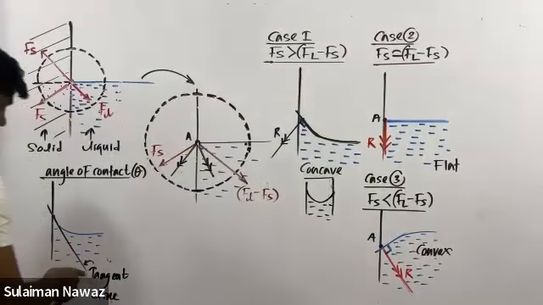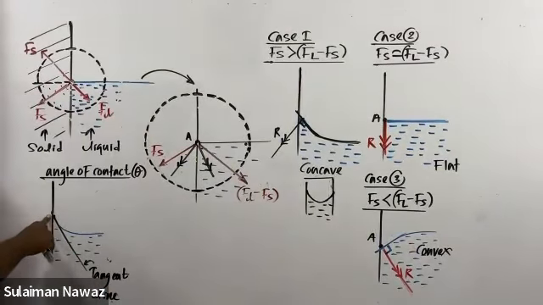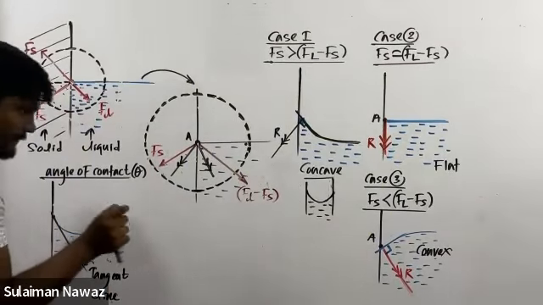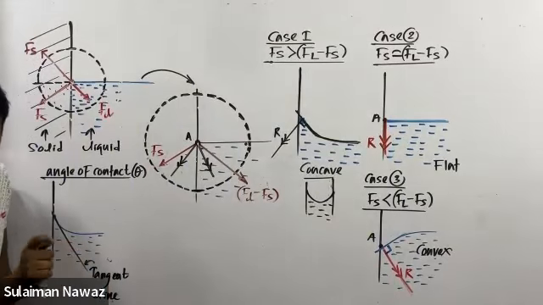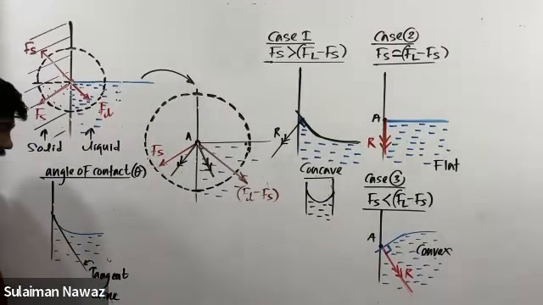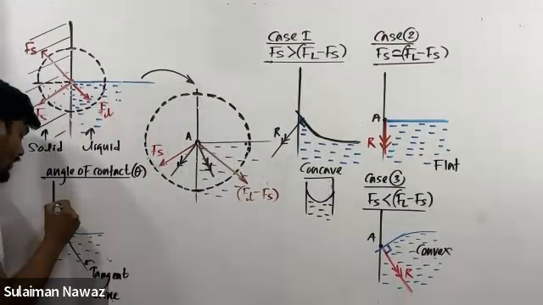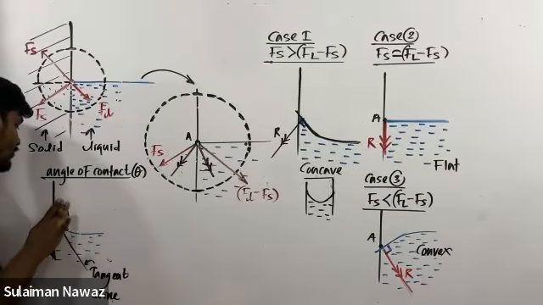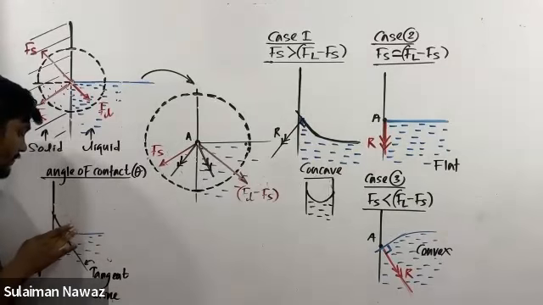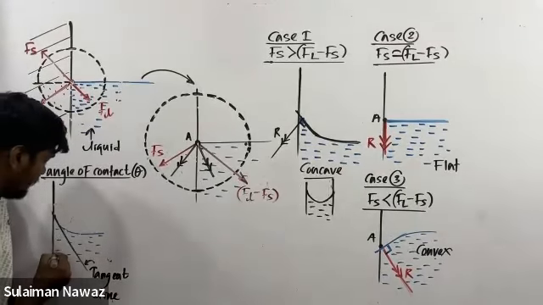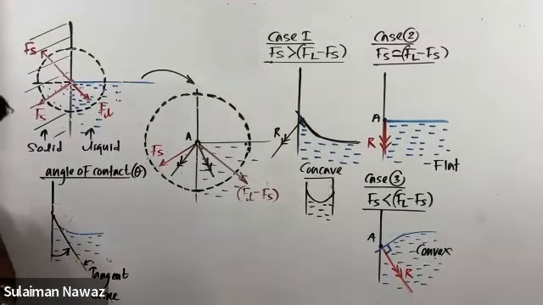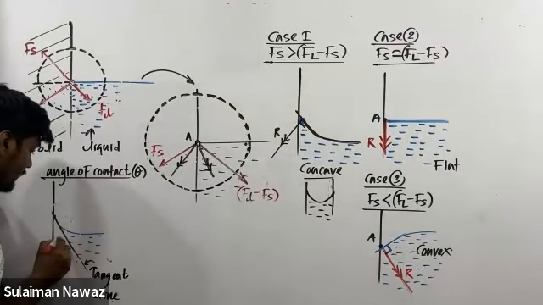This is my solid surface. The angle must be measured from the solid to the tangent line through the liquid. That's important. One can measure the angle this other way, but that's wrong. We always want to measure the angle between the solid and the tangent line through the liquid. This angle we call the angle of contact, theta.